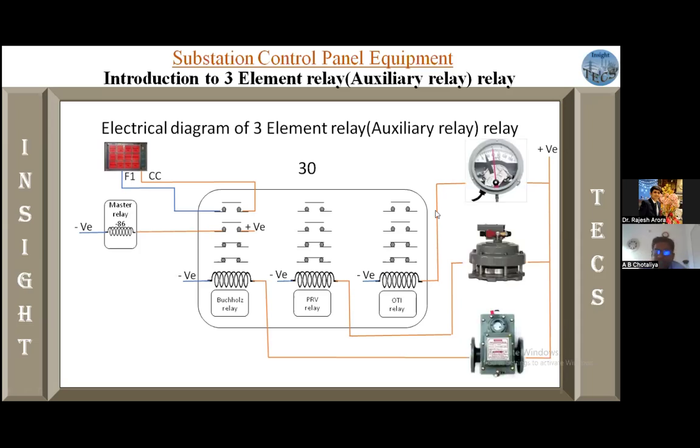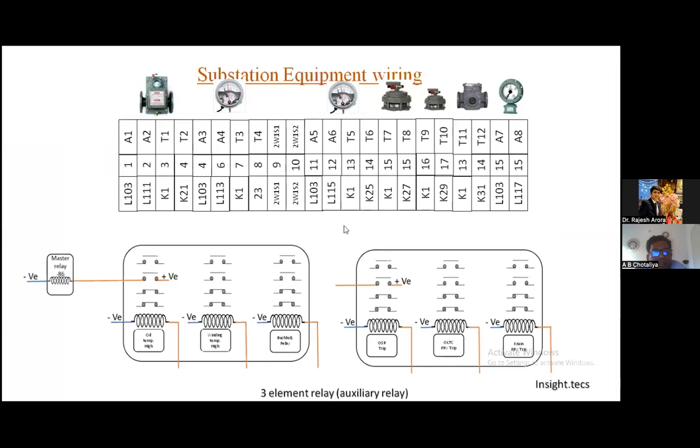Okay, just we have seen that the positive from the panel comes to every relay, every K1, and from the Buchholz it comes back with K21 and comes to the auxiliary relay, right?